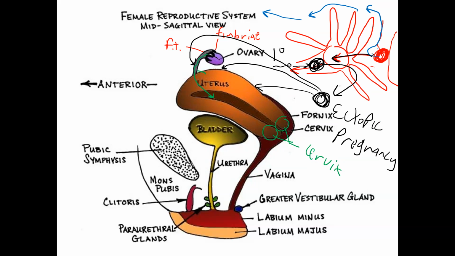If you leave the cervix open, considering that the vagina is exposed to the outside, eventually bacteria will invade the vagina and enter the cervix and cause all kinds of problems. So to prevent that from happening, the cervix itself is closed off.